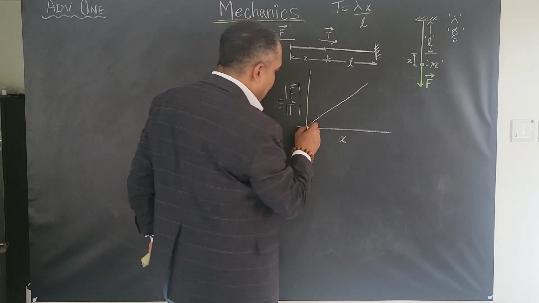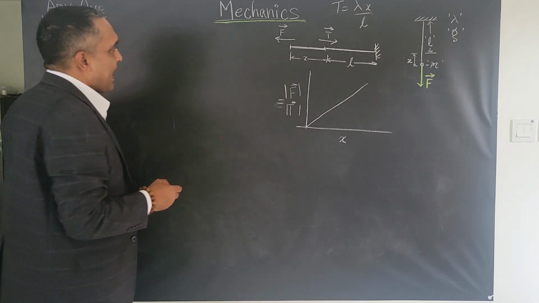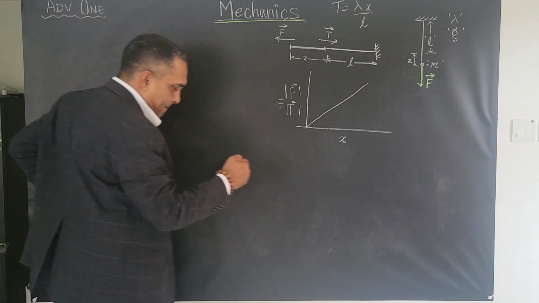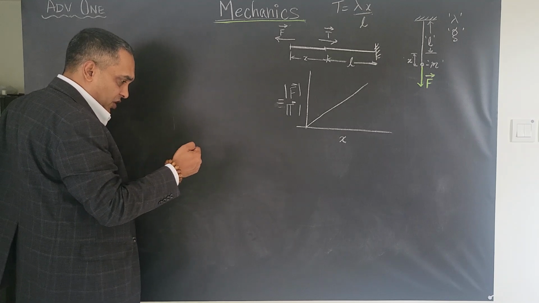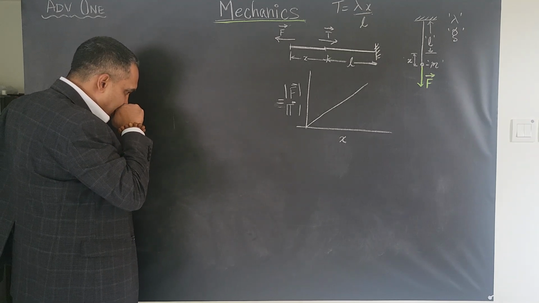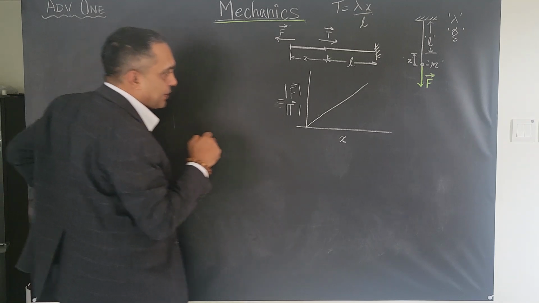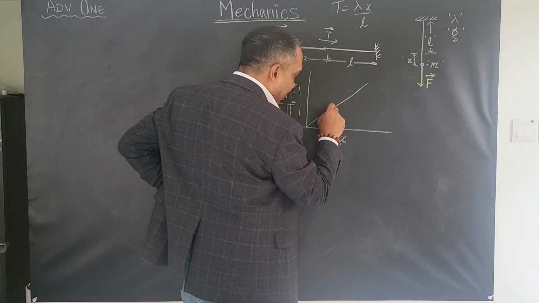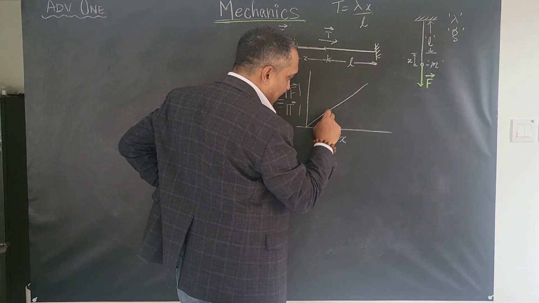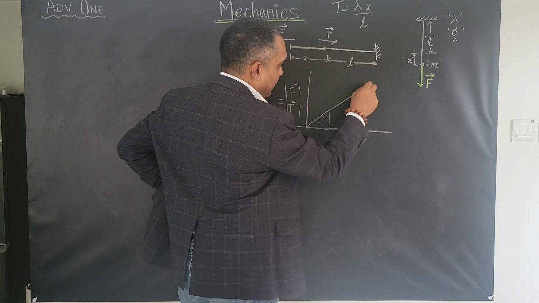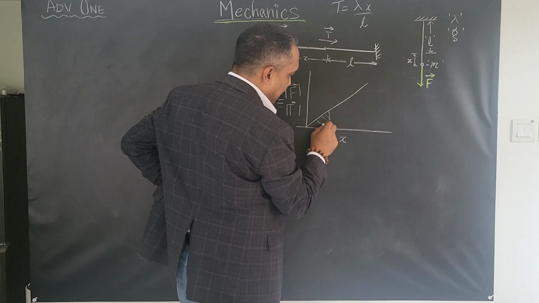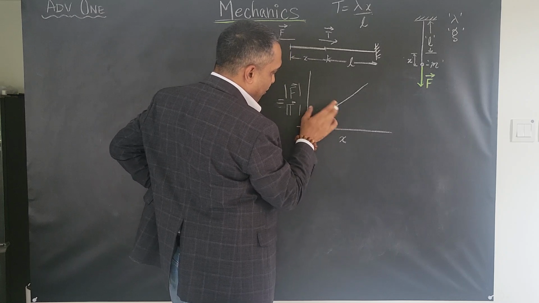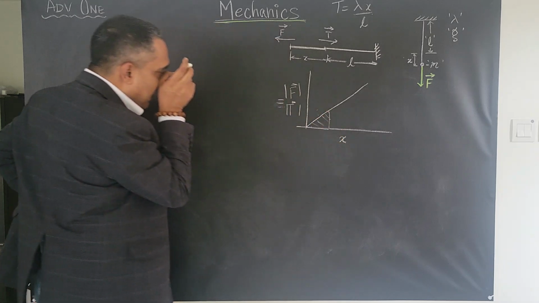So if somebody said, how much work is involved in pulling this string? Well, it's increasing because I was increasing with distance. Pulling it a little bit was very easy because if that was the force at any point, that would just be force and distance.